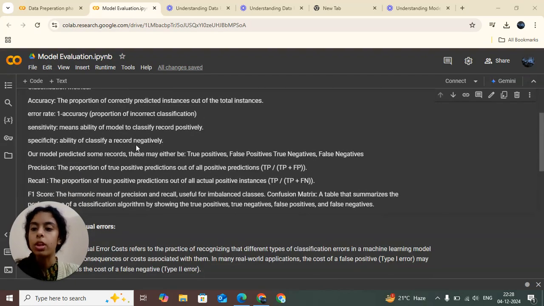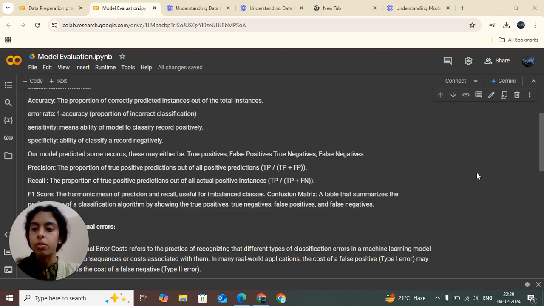Next, moving forward, we have sensitivity. It means the ability of the model to classify records positively, and specificity, which means the ability of our model to classify records negatively. We can understand this by some examples.